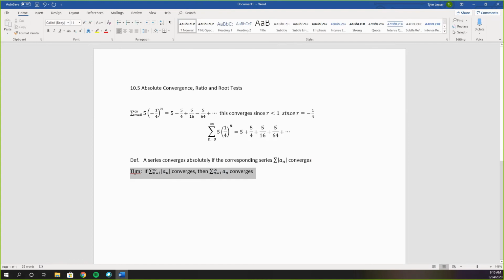Very, very powerful and very, very important theorem here. If the absolute value series, which only has positive terms, converges, then if I make some of the terms or half of the terms or all of the terms negative, we get another series that converges.